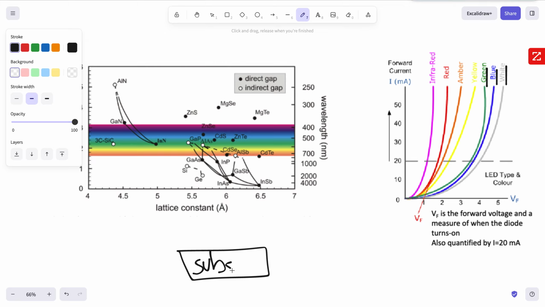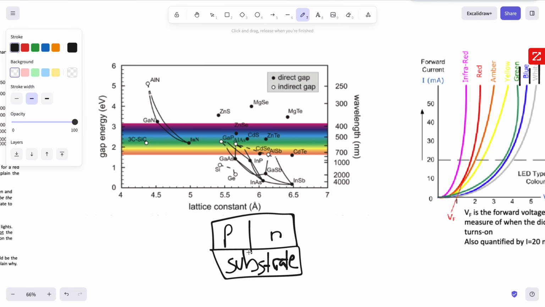So to design an LED, we need to have both a substrate, and then we need to put on top whatever material we're going to dope P and N that has the band gap energy we need, or produces the wavelength of light that we need, while at a lattice constant that matches the substrate, because we need lattice matching.